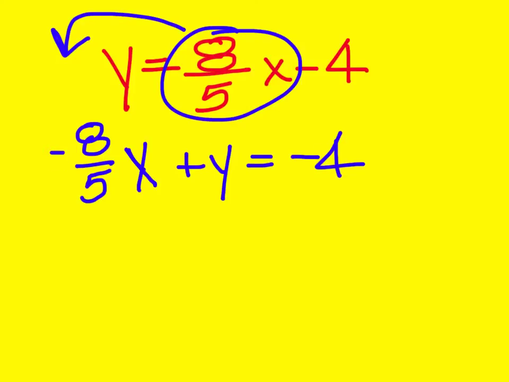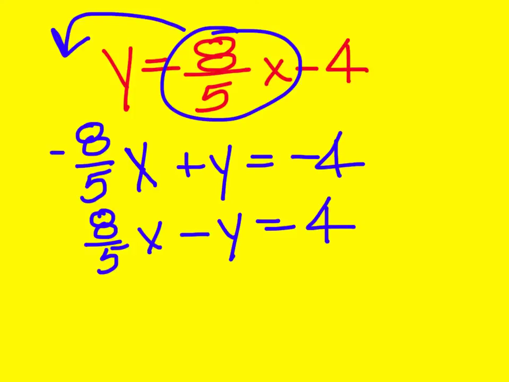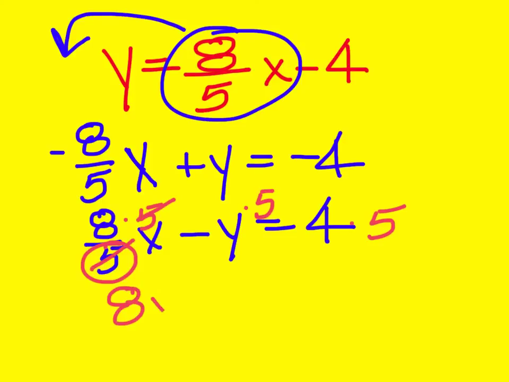So it becomes positive 8 over 5x minus y equals a positive 4. And you can't have fractions, so the way you get rid of them is to multiply everything by the denominator. So times 5, times 5, times 5. These cancel, so you have 8x minus 5y equals 20.